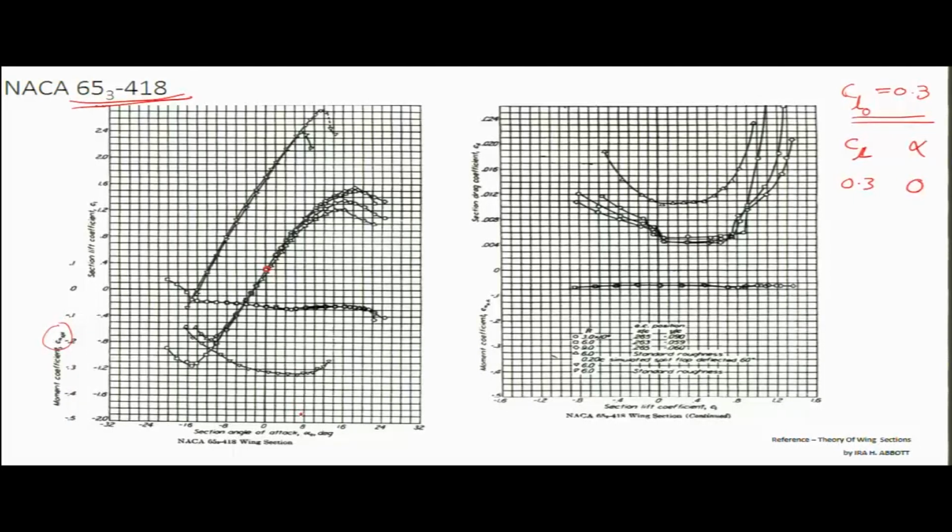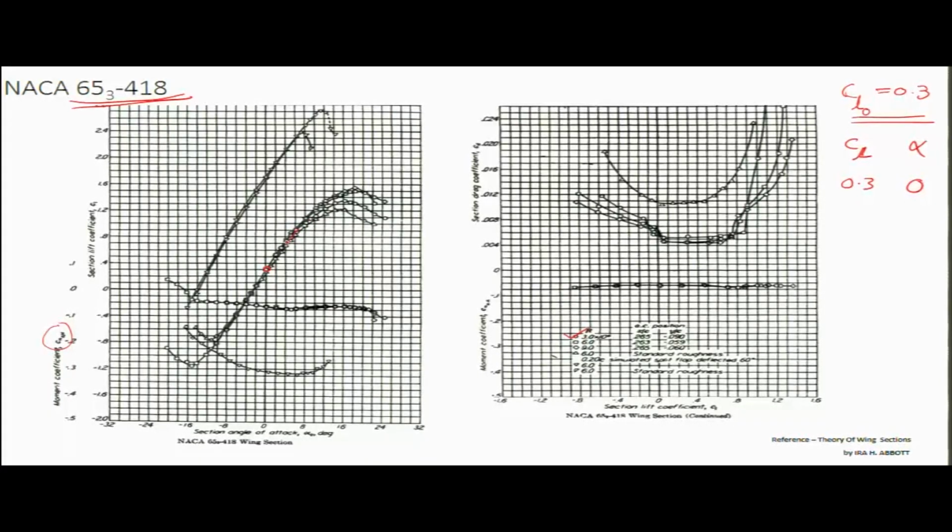Now how far can we consider this linear? If we look at this curve, we are talking about the curve at 3 million Reynolds number, the one with the circular marker. How far is this linear?